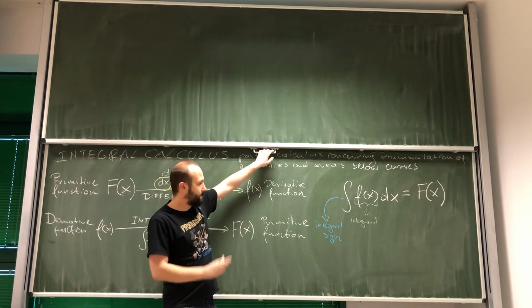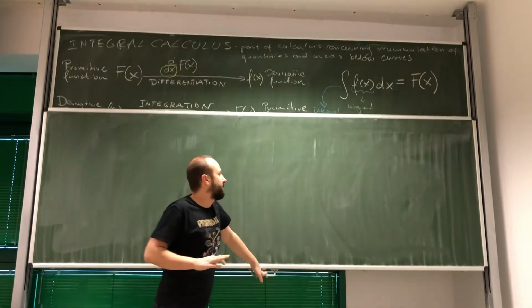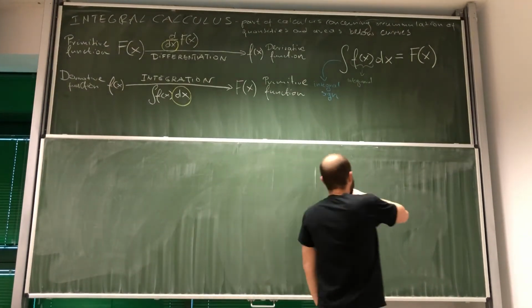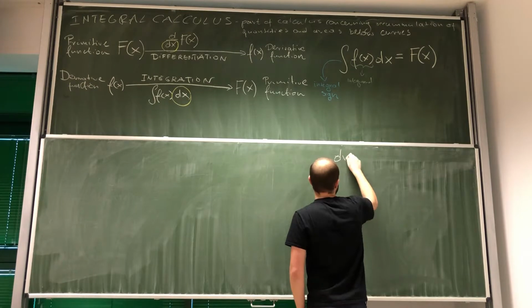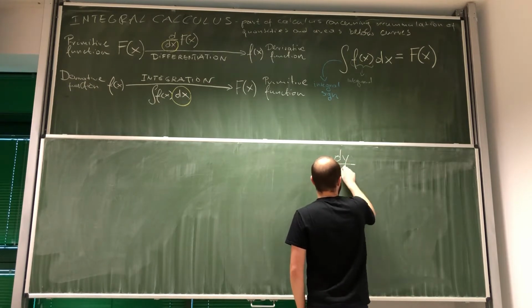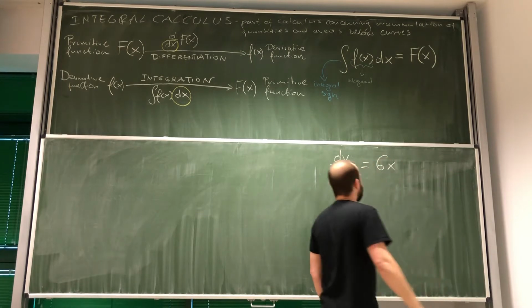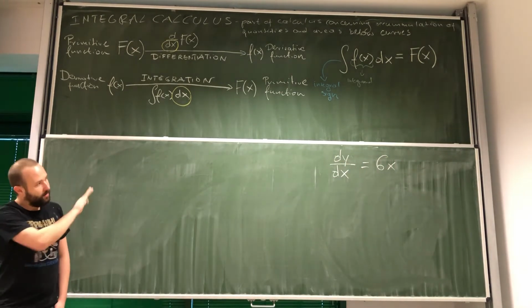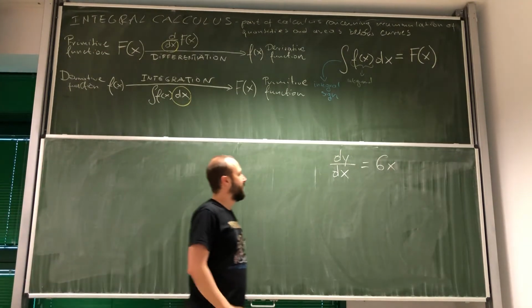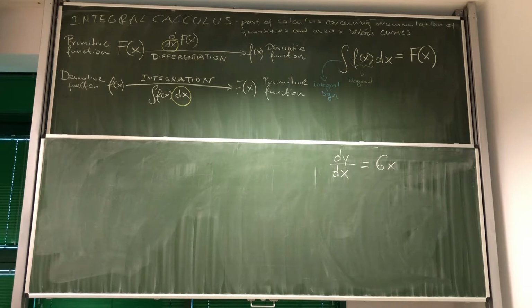But look, once we are getting to this point, right away, something should be mentioned. Okay, let's say that you've got a derivative dy/dx that is equal to 6x. Now my question is, what function has given us this derivative?